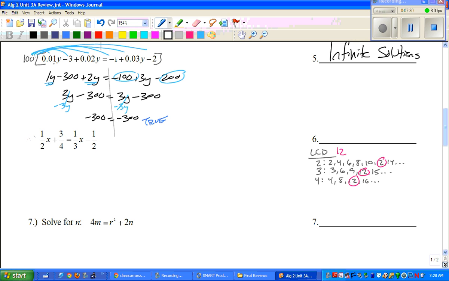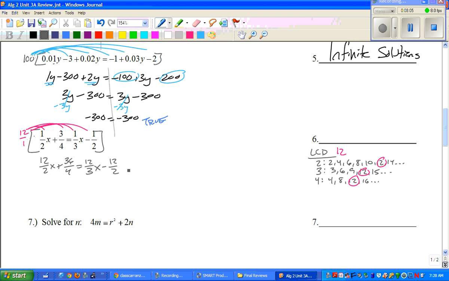So when we set this up, you're going to multiply everything by 12 over 1. Okay, so you get 12 over 2x plus 36 over 4 equals 12 over 3x minus 12 over 2.